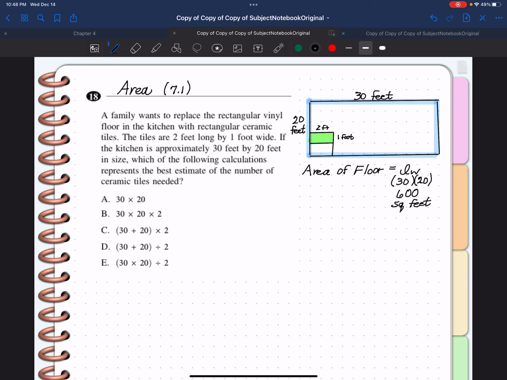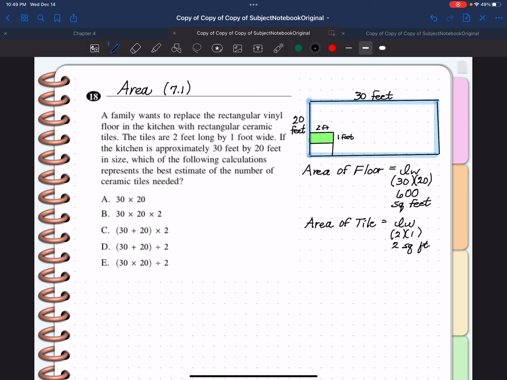Okay. Then I need to know the area of a tile, of one tile. Again, that's a rectangle, so that's length times width, or 2 times 1. So that is 2 square feet.